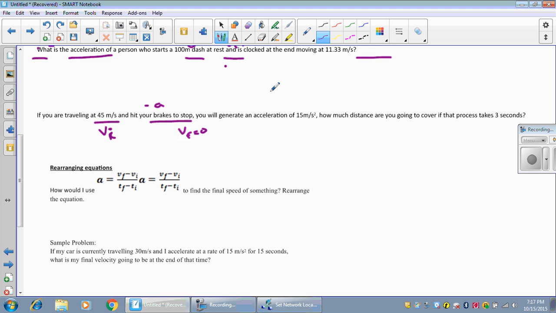It's a weird odd, but whatever. You will generate an acceleration of 15 meters per second squared. That's acceleration, but again, it's negative. How much distance are you going to cover if it takes 3 seconds? Seconds is time, right? It's a change in t. You kind of getting the picture here? Great. Okay.